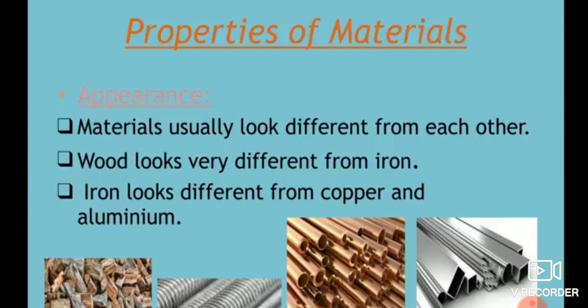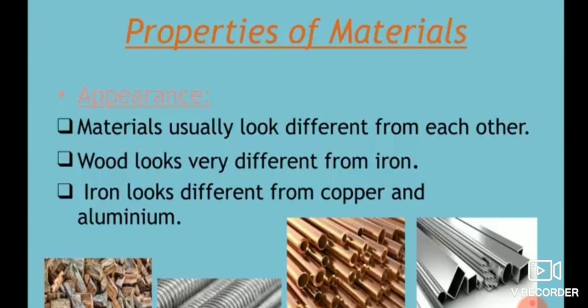For example, if you consider wood, different objects like chair, table, plough, bullock cart and its wheels, etc. can be obtained.